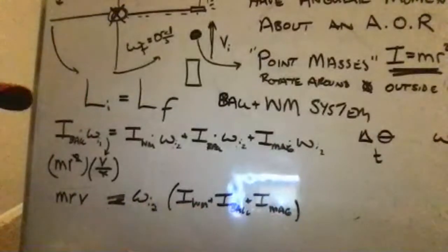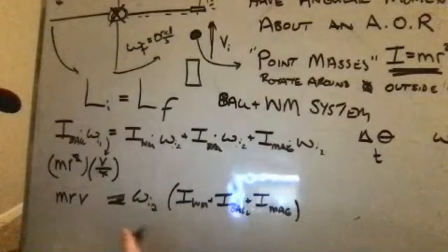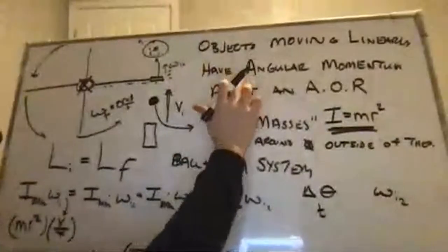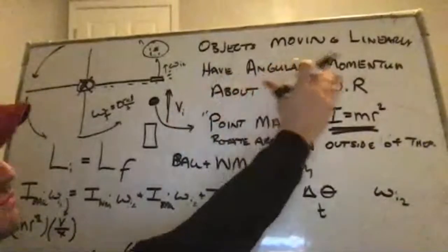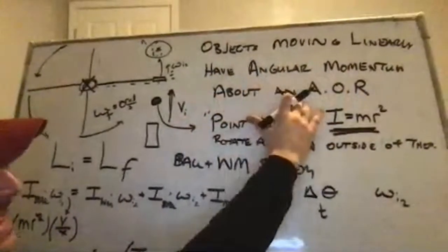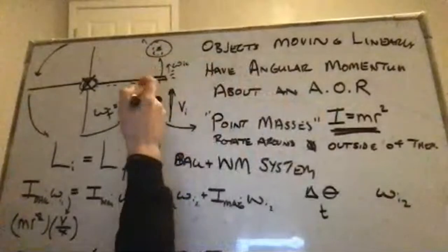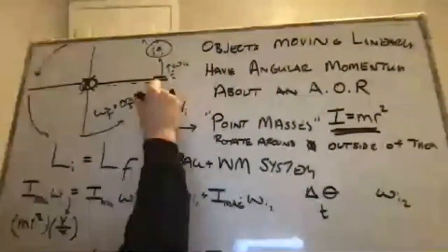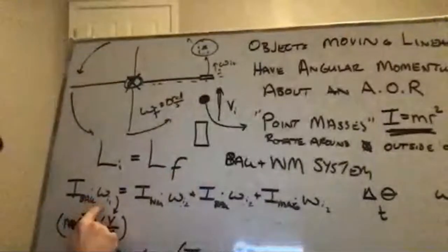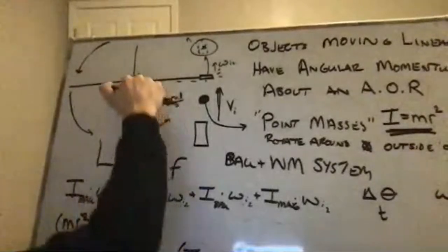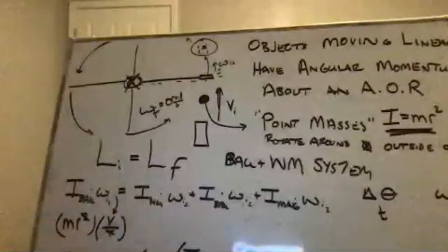What this proved to us was exactly what we were looking to prove: objects moving linearly have an angular momentum about an axis of rotation, just like our point mass could be modeled with angular momentum around the axis of rotation of the windmill.